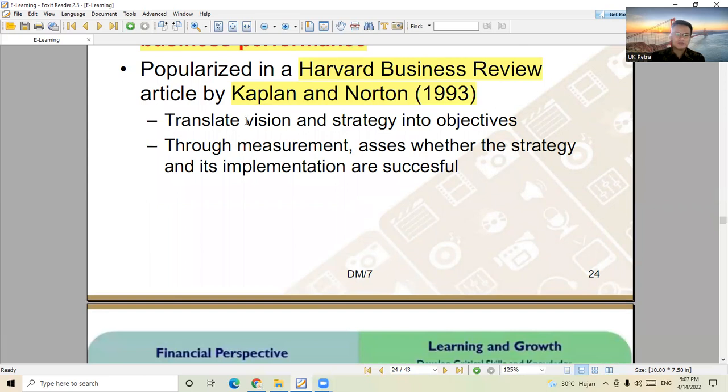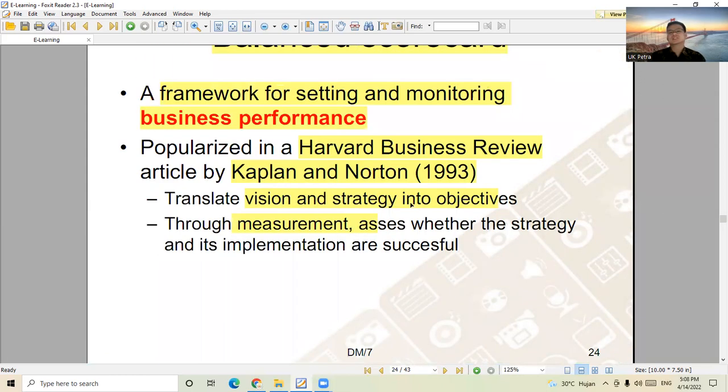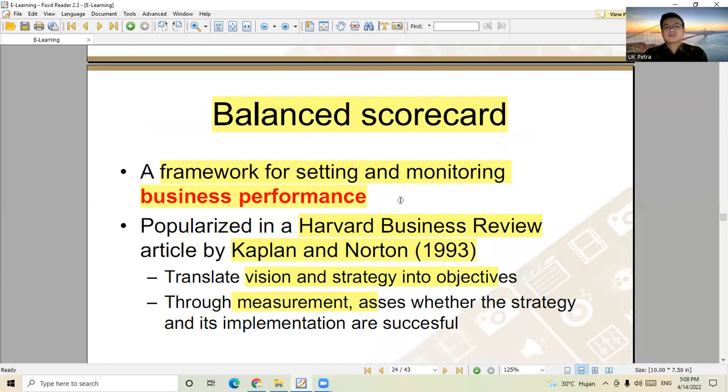It translates the vision and strategy into objectives. We have the measurement and assessment of whether the strategy and its implementation are successful. So it's another tool to measure our business performance.